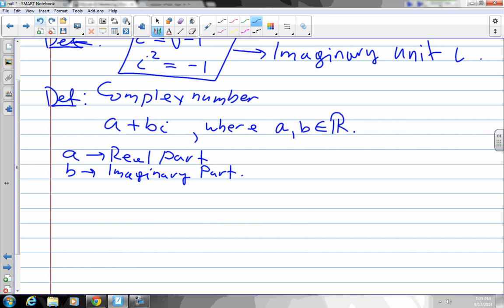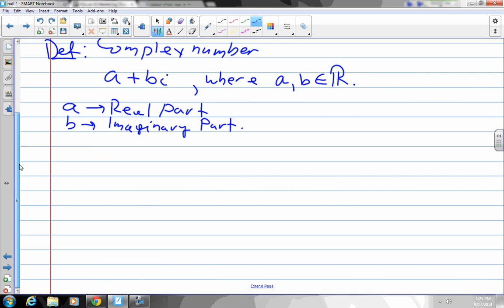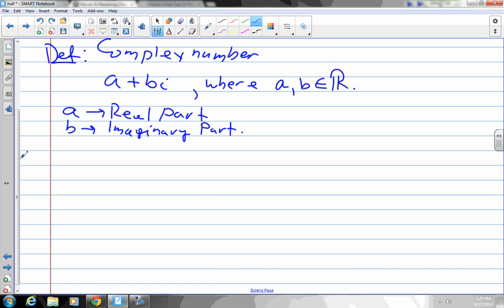When you deal with complex numbers, you always want to be able to identify the real part and the imaginary part, because knowing them helps us locate that complex number in the place where it lives. Like you can locate a real number on the real number line, you can locate a complex number on what is called the complex plane, but we're not going to really get into that.